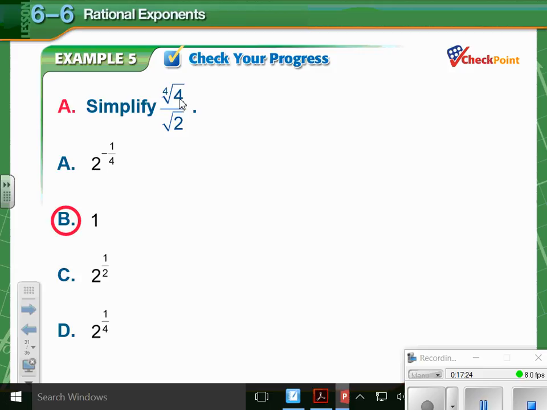Because 4 is the same as 2 squared to the 4th root would end up being 2 to the 2/4 power, which is, 2/4 is the same as 1/2. So in the top, this would simplify down to 2 to the 1/2 power, which is the same thing as the denominator. Square root of 2 is 2 to the 1/2 power. And then you'd end up getting 1.